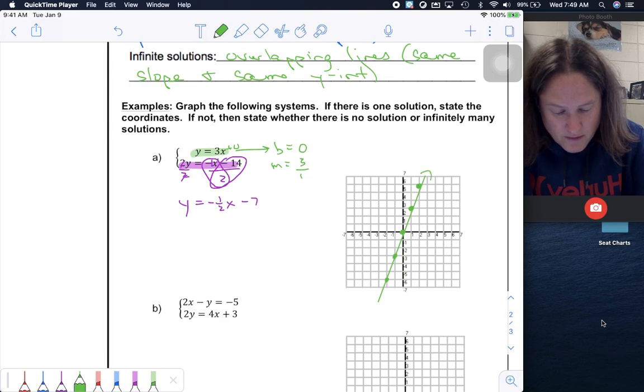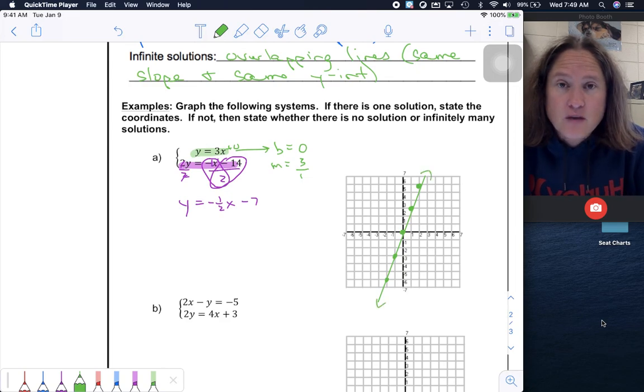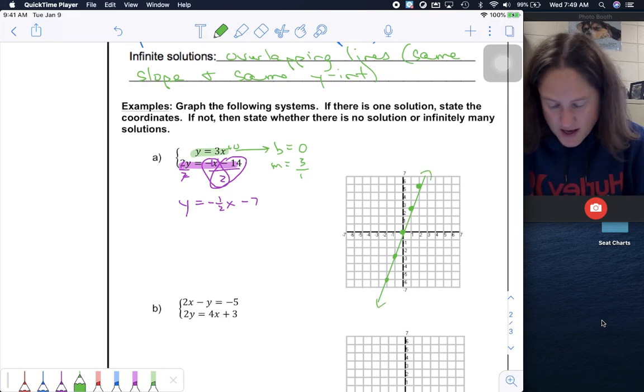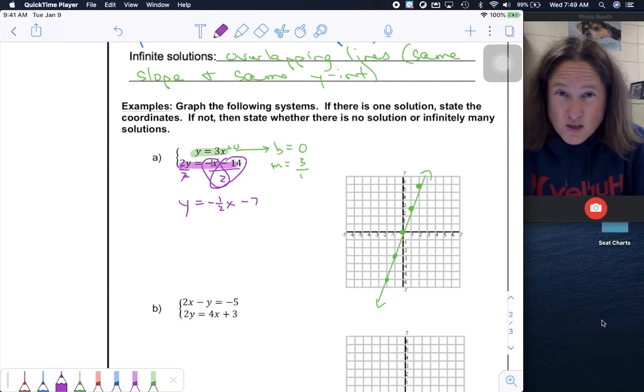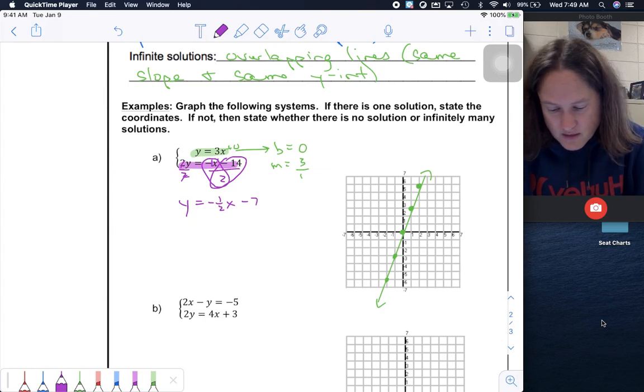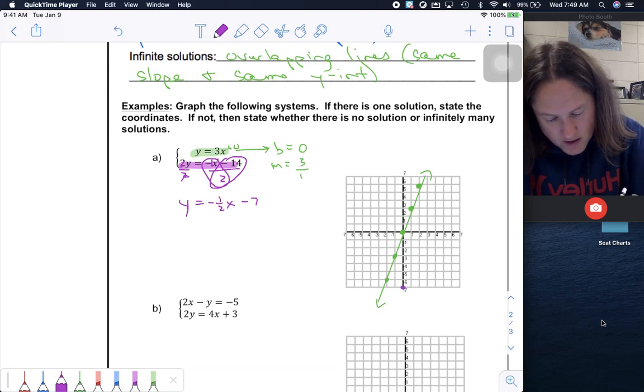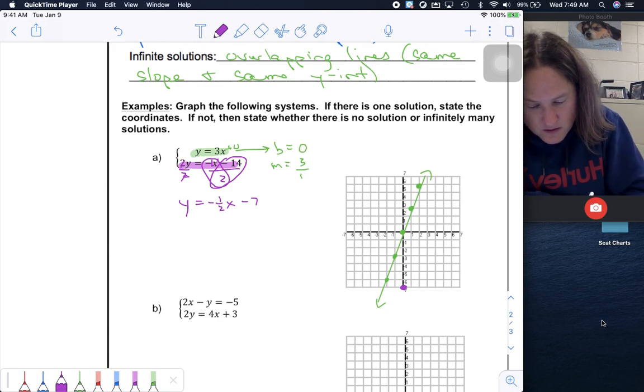Now I do recommend you plot all the points on the graph, because hopefully when I graph this purple line, that's going to overlap at a point. And if you don't continue, don't use a straight edge, it's going to probably intersect at a different point, so you want to be exact here. So y equals negative 1/2 x minus 7. Let's start that y-intercept at negative 7, and the slope is negative 1/2.